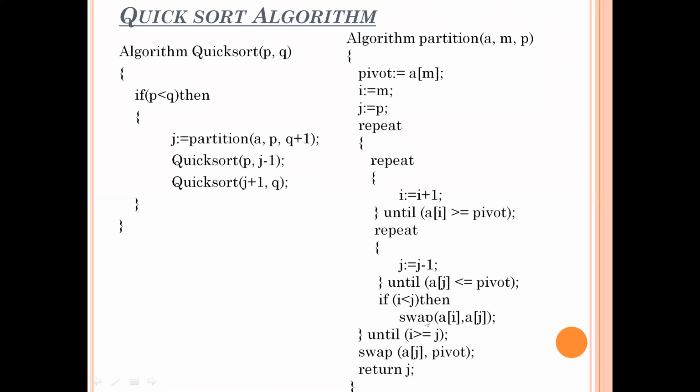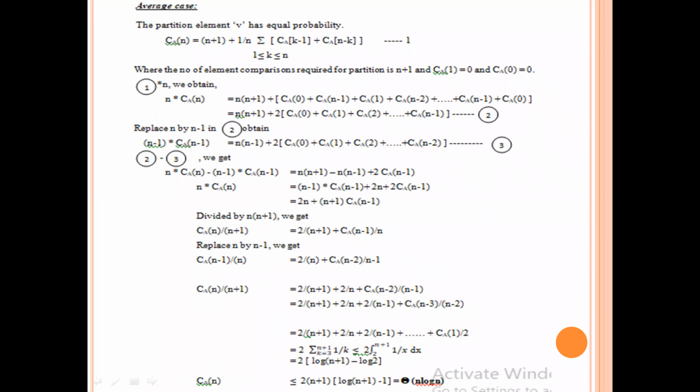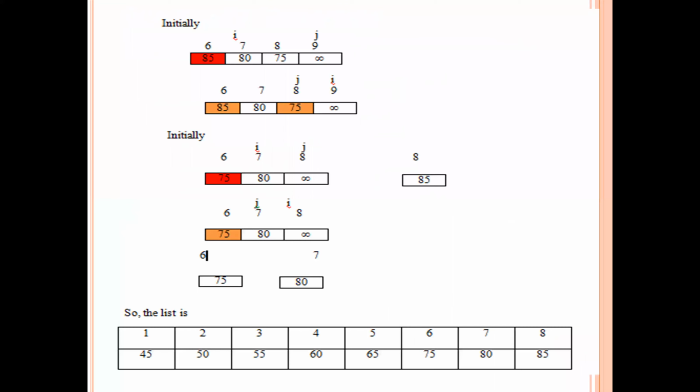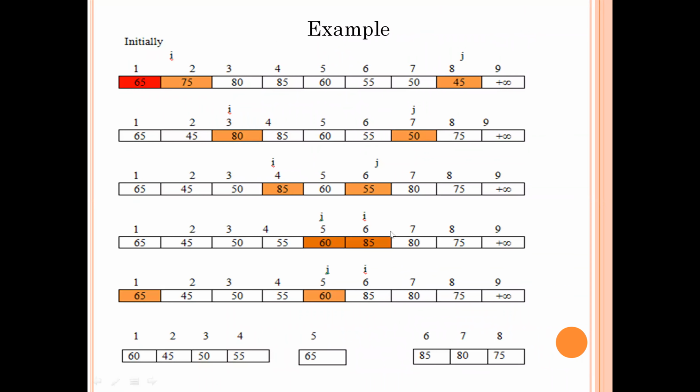We are swapping A of I and A of J. So from these 4 steps, this part is done here.